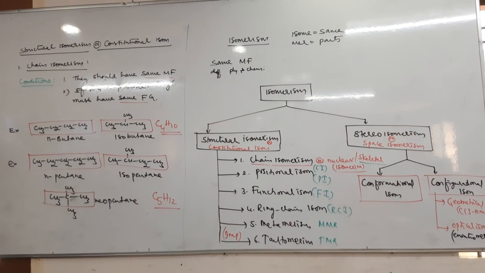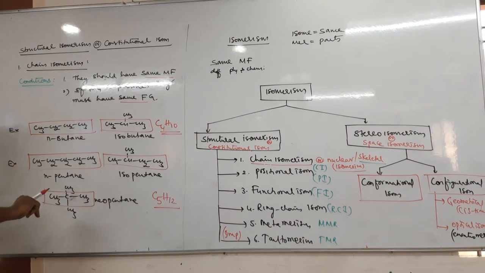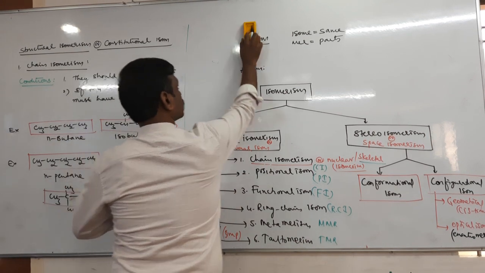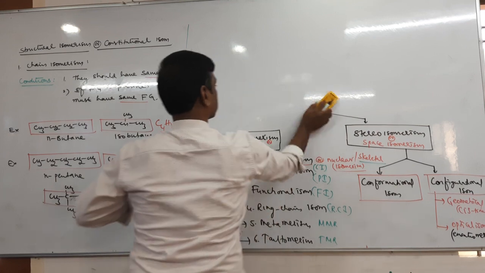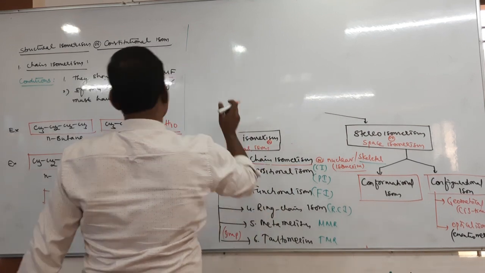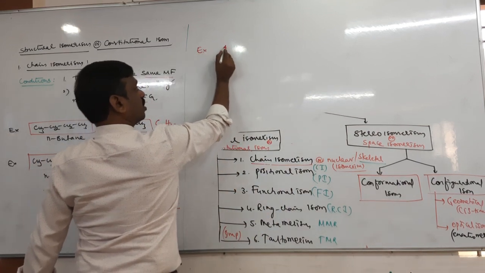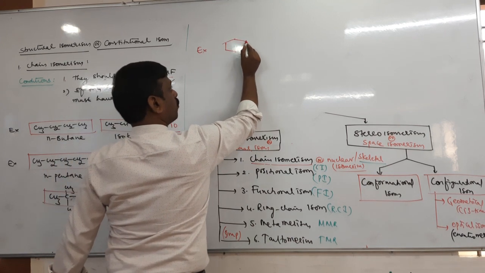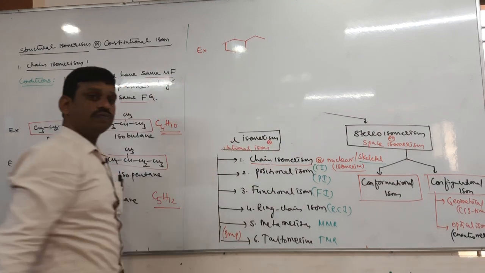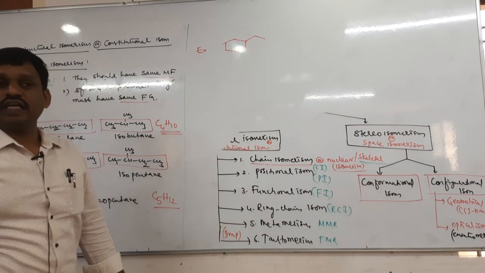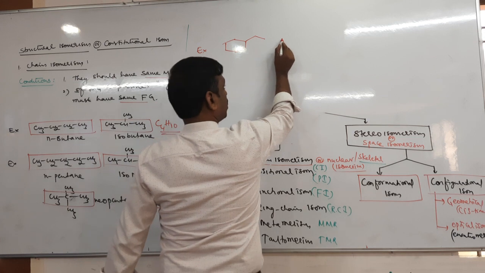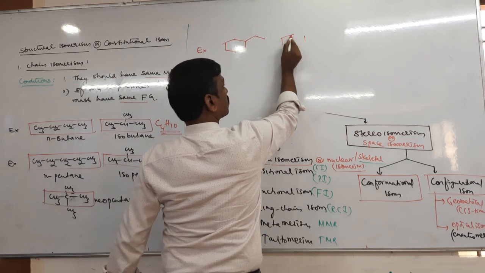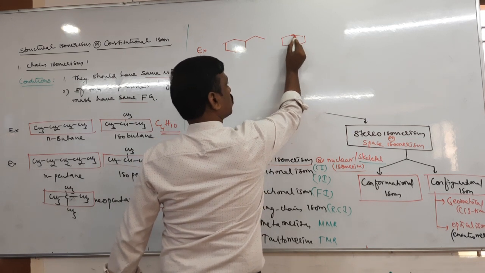That means chain isomers may differ in the parent chain. Even they may differ in the side chain also. For example, let us take one more example with a side chain. If it is a cyclohexane having an ethyl group, ethyl cyclohexane, then tell me, now the side chain has how many carbon atoms? The side chain has 2 carbons, no?